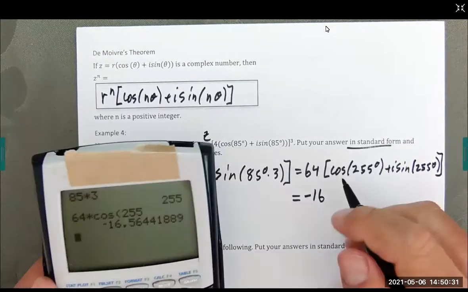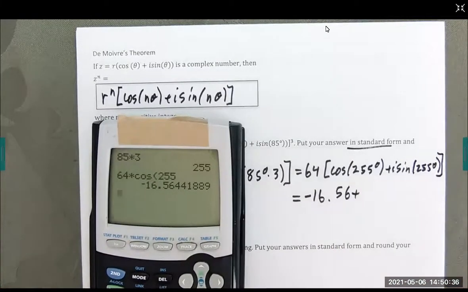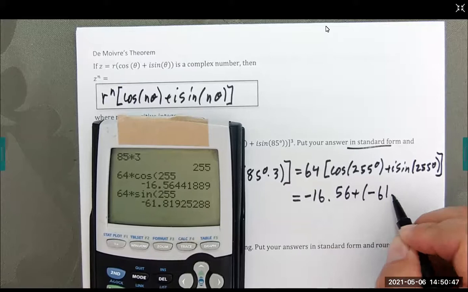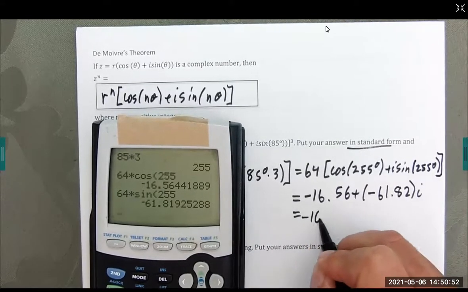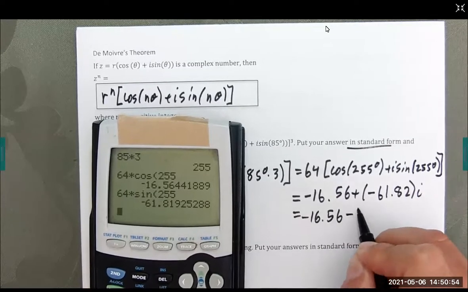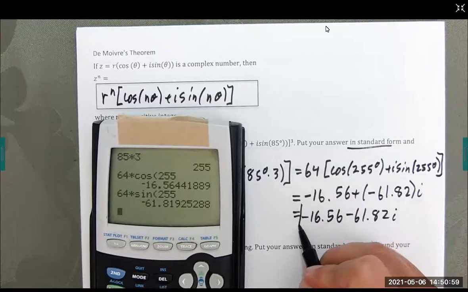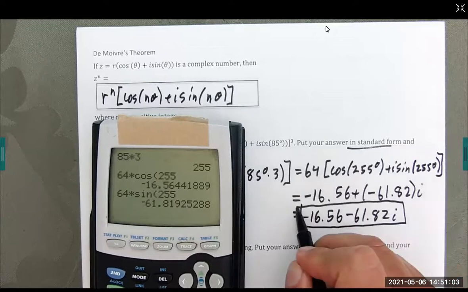So negative 16.56 plus 64 times the sine of 255, negative 61.82 i. Let's rewrite that. Negative 16.56 minus 61.82 i. There we have it. Not too bad.